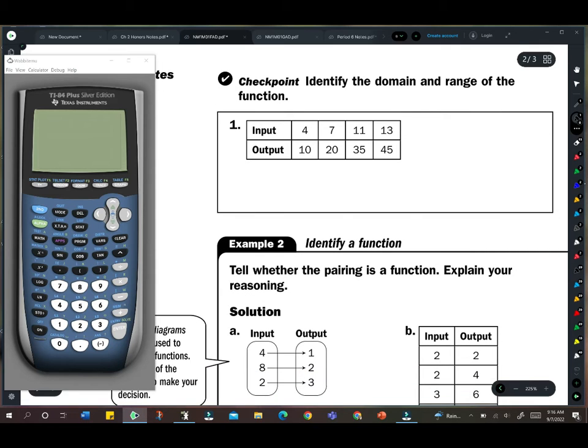The next example, domain and range, really should be okay if you want to take care of this checkpoint real quick. The domain is 4, 7, 11, and 13, and the range is 10, 20, 35, and 45.